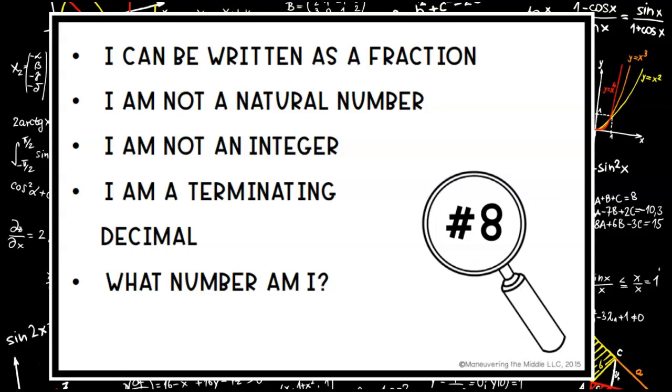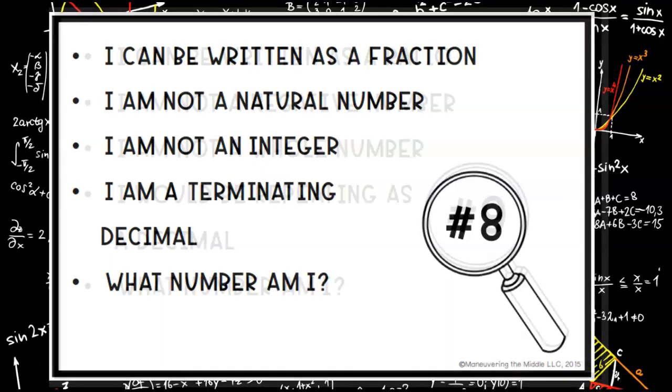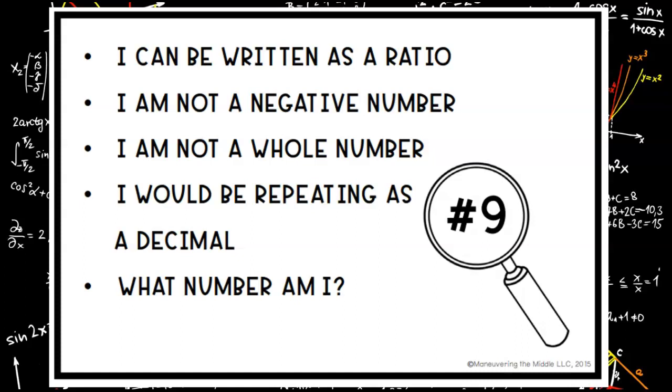Number 8, I can be written as a fraction. I am not a natural number. I am not an integer. I am a terminating decimal. What number am I? Number 9, I can be written as a ratio. I am not a negative number.